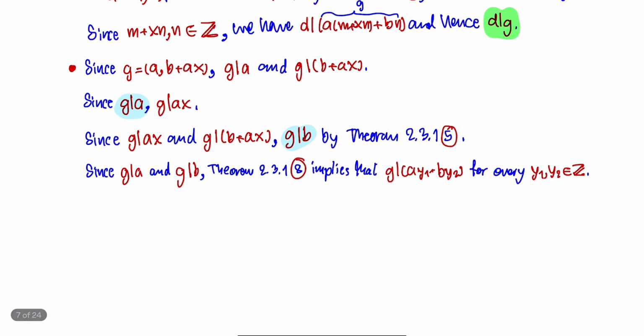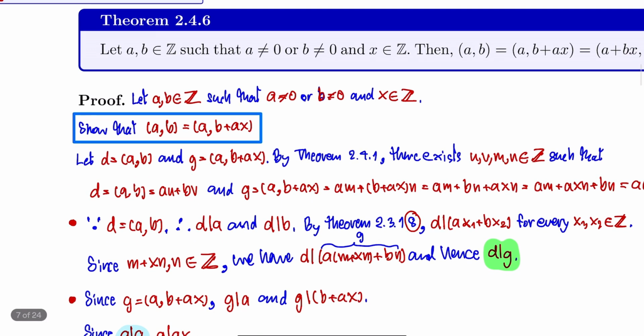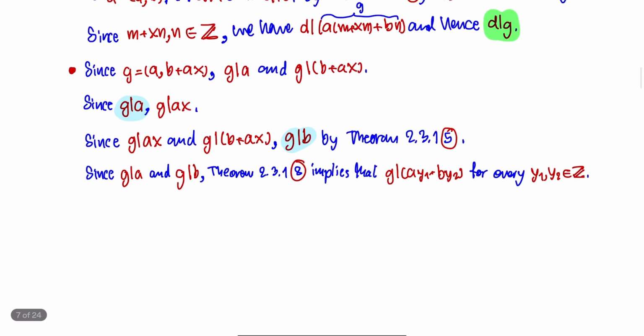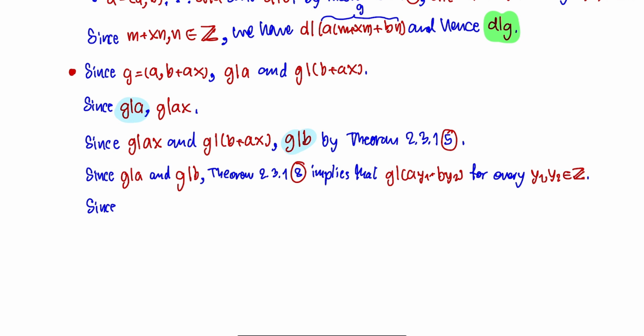Okay, and then take a look at our D here. D, which is the greatest common divisor of a and b, which is au plus bv. So since u and v are integers, so what do we have here?